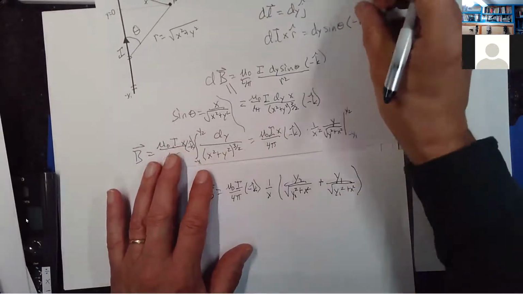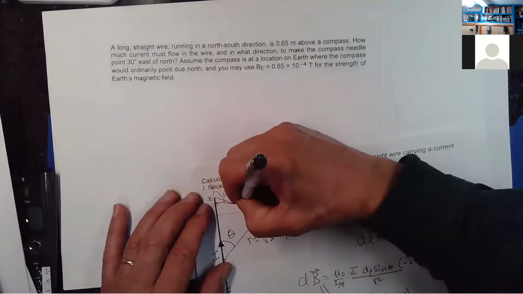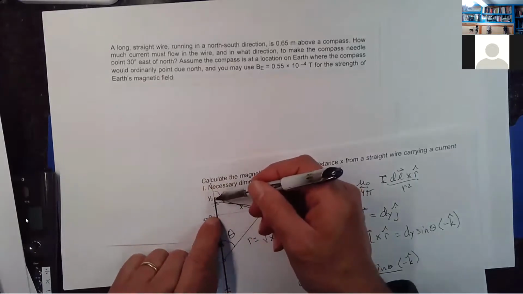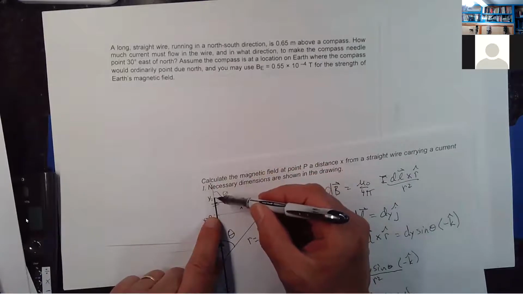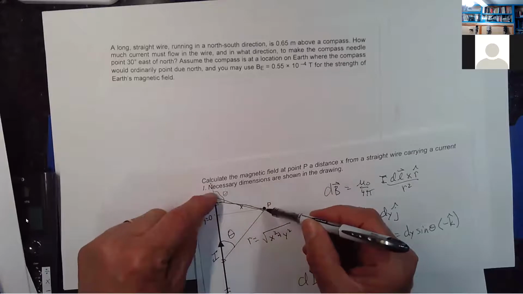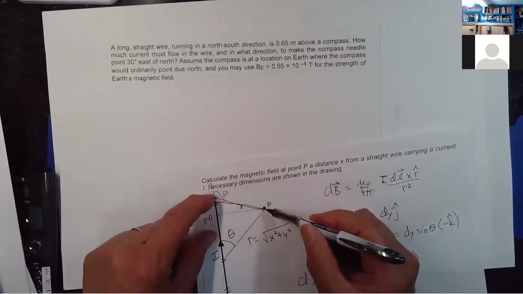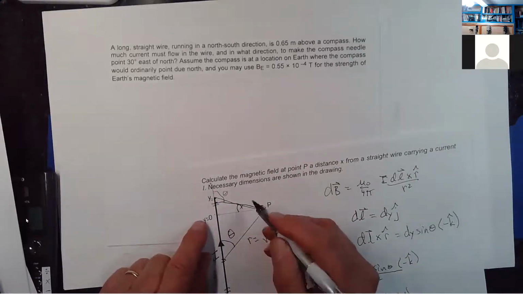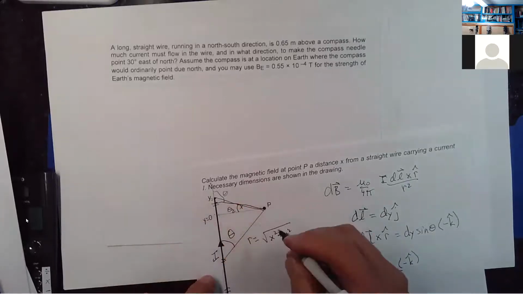Okay, well, going back to the picture here, y2 is this little distance here. The square root of y2 squared plus x squared is this distance here. So y2 divided by this distance is actually the sine of this angle up here. And I could call this theta 2 if I wanted to.